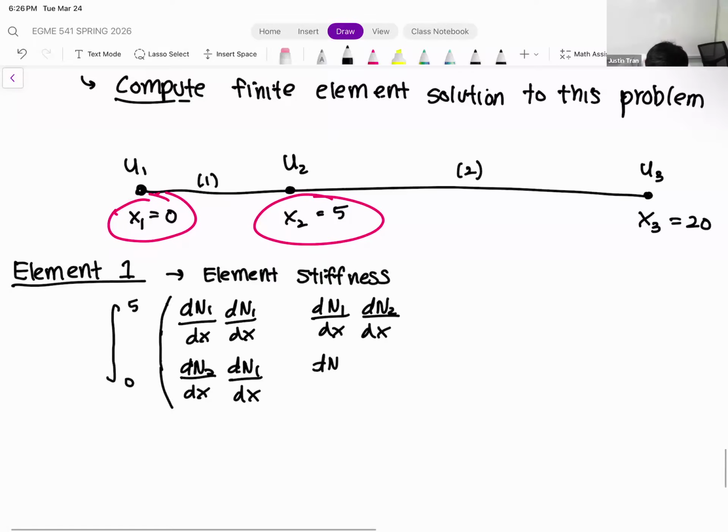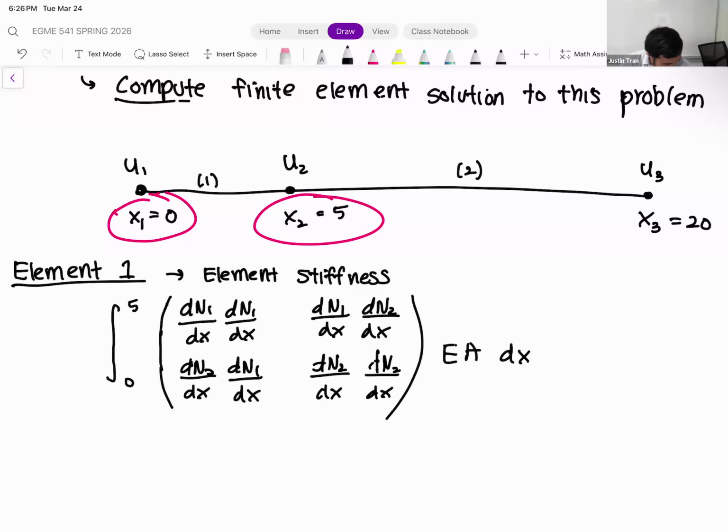That matrix is multiplied by E times A dx. I'm not writing that again. That takes forever to write. It's a lot of derivatives.